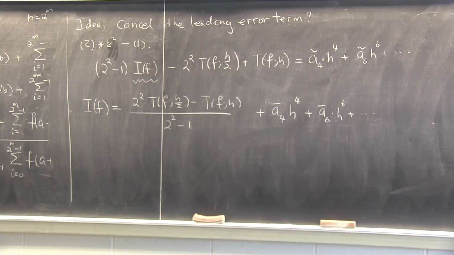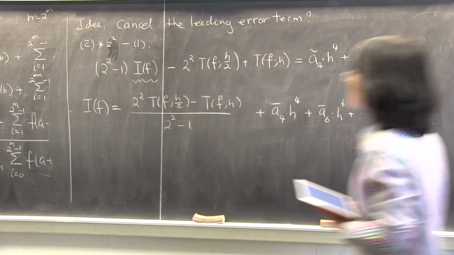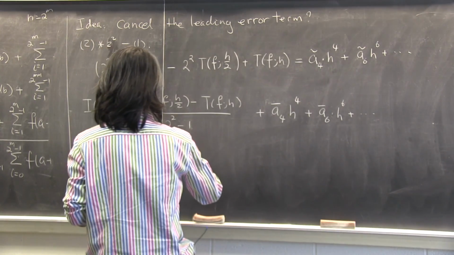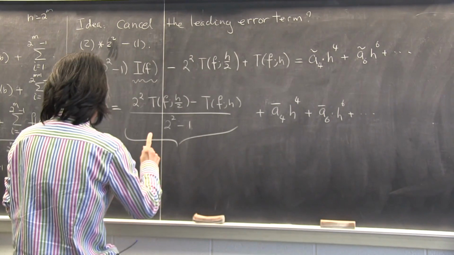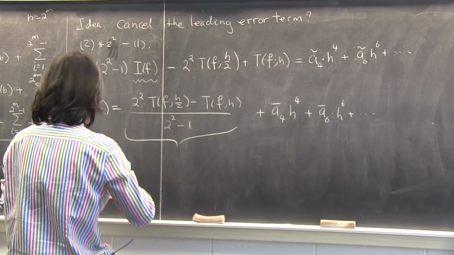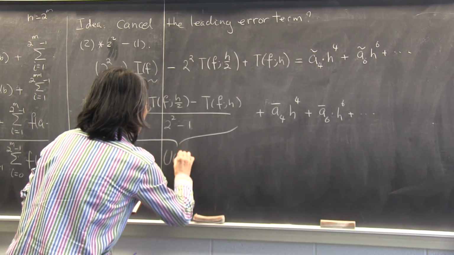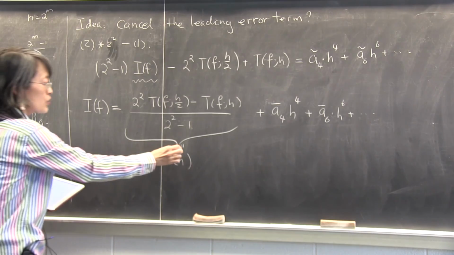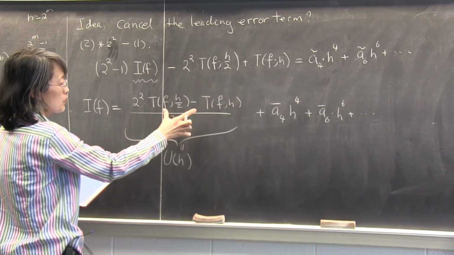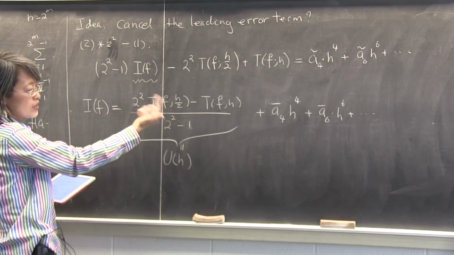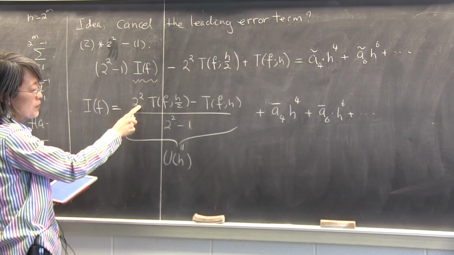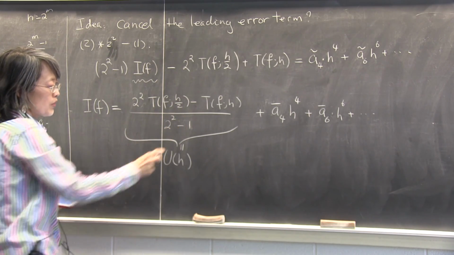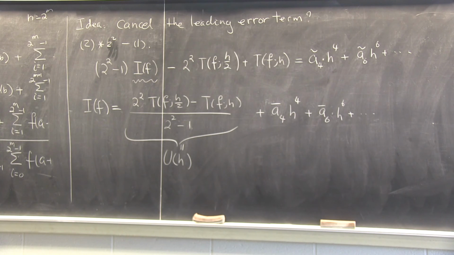What is the leading error term now if I approximate my integral by this guy? Let me stick to the same notation. I call this U of h equals that. If I take the two trapezoid rule results and just do this manipulation, multiply this by 4, subtract, divide by 3, three more flops of computation, done like nothing, right?